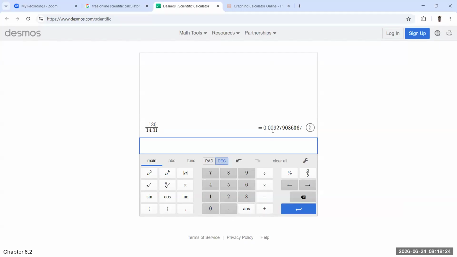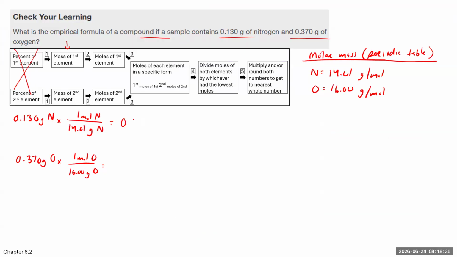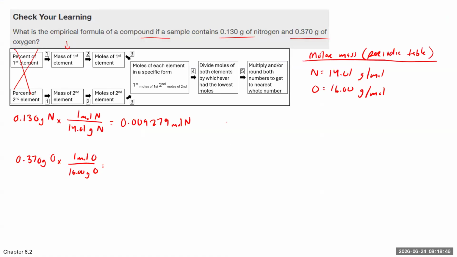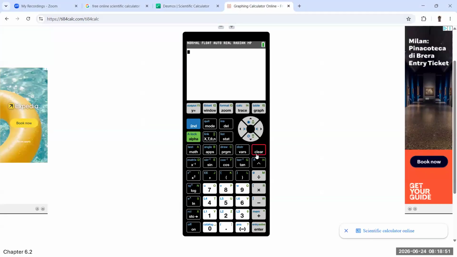Cool. 0.009279, and that's moles of nitrogen. Oops, sorry, where are we at? All right. 0.370 divided by 16. Let's do it over here. 0.370 divided by 16.